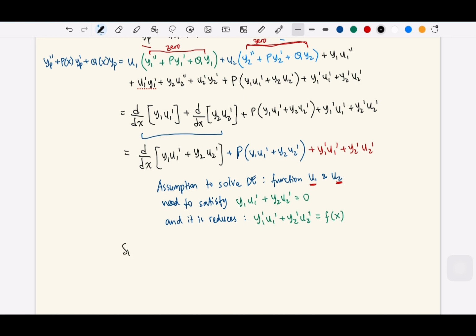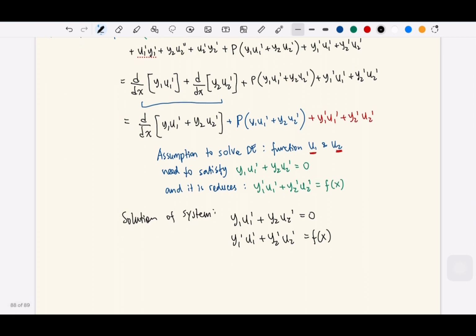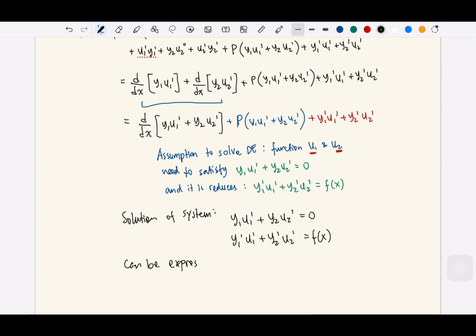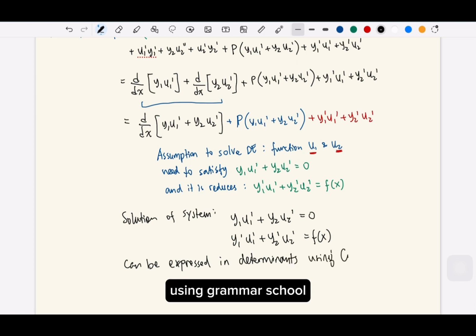So the solution of the system can be expressed in determinants using Cramer's rule.